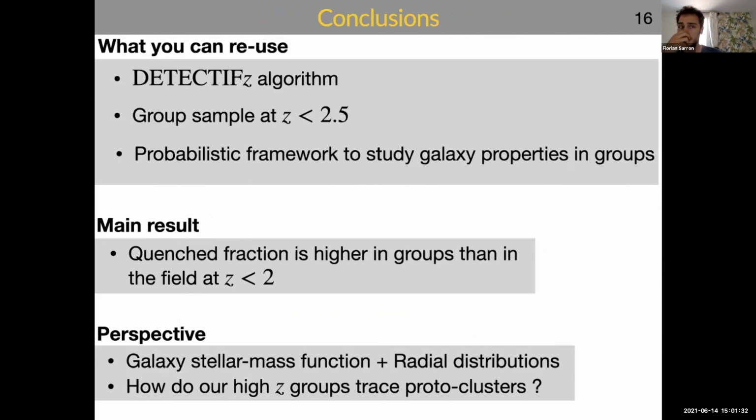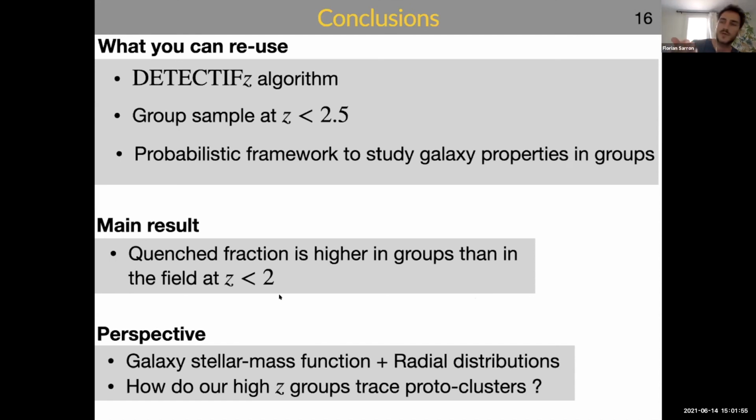So in conclusion, what you can take out and what you can reuse from this is the DETECTIVZ algorithm that we are going to make public. It's a Python implementation. We will make public the group sample as well if you want to use it, and a new framework to study galaxy properties in groups. The main result is that the quenched fraction is higher in groups than in the field at redshift less than 2.